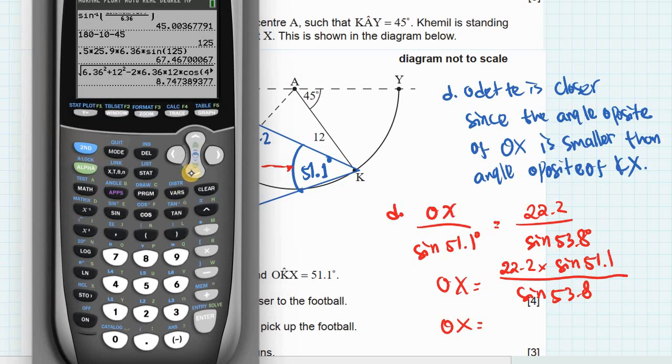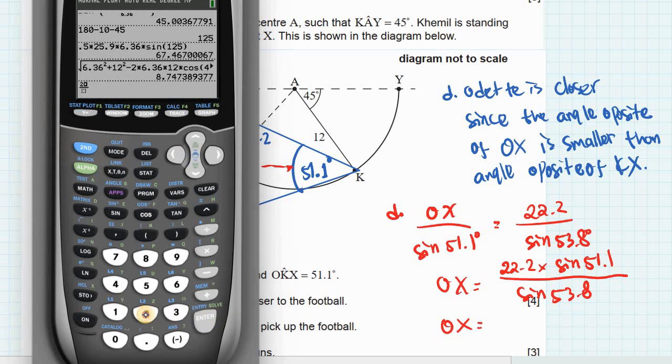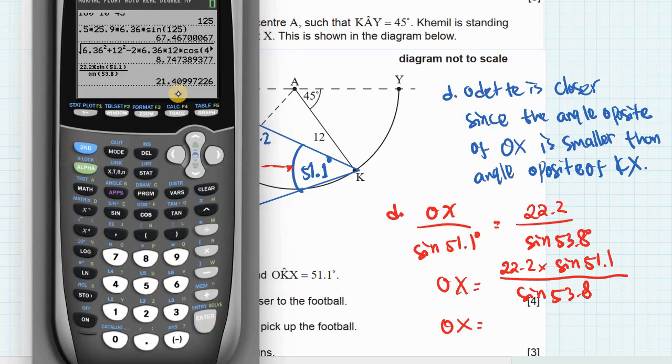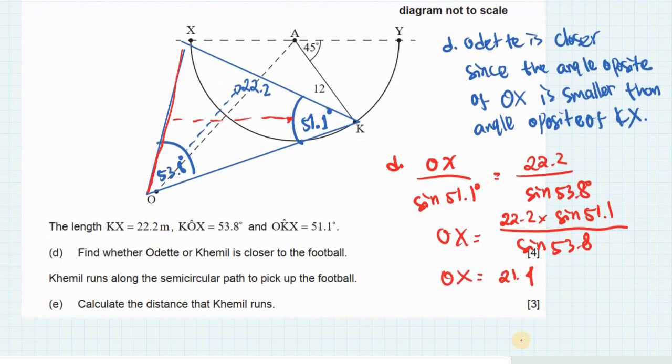So we will have, okay, math, 22.2 times sin 51.1 divided by sin 53.8. Enter. So we have 21.4. So 21.4. Remember, this is not the final answer.